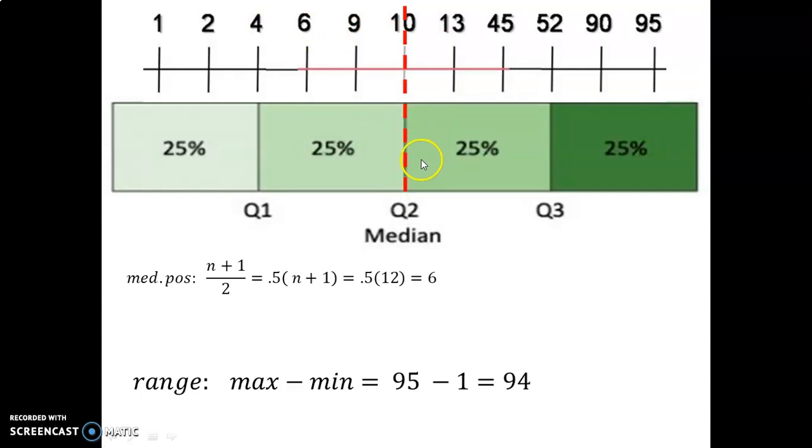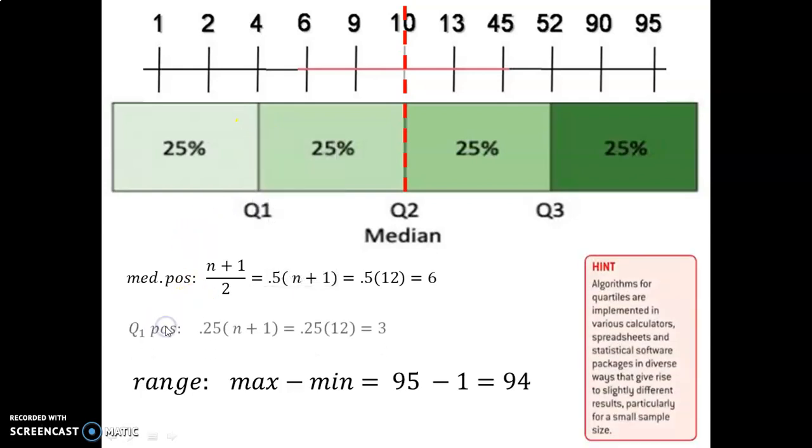Okay, that's the median. Now, let's talk about quartile 1 and quartile 3. Quartile 1 is like the midpoint of the first half of the data. So if the median was 50% of the way through the data, quartile 1 is 25% of the way through the data. So to find Q1, we are just going to do 0.25 times n plus 1. We're saying we're going 25% of the way into the data set.